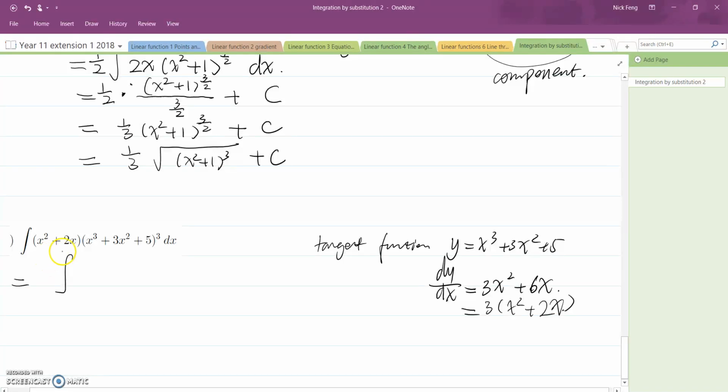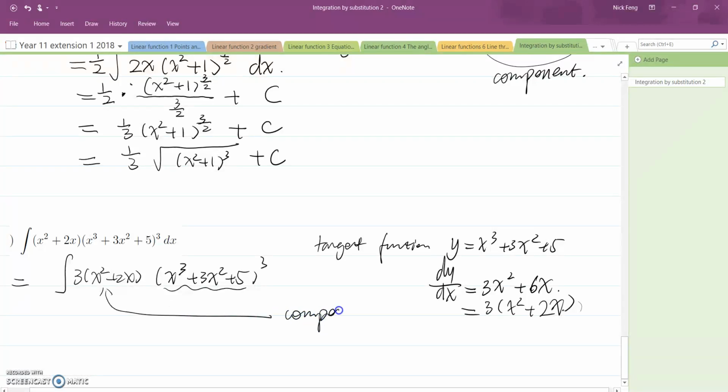That's why there's x squared plus 2x at the front, somehow. But in fact, the component you need is this part. In other words, you actually need this to perform the integration as a whole thing, because this is the derivative of the function inside. So therefore, this part is the component.